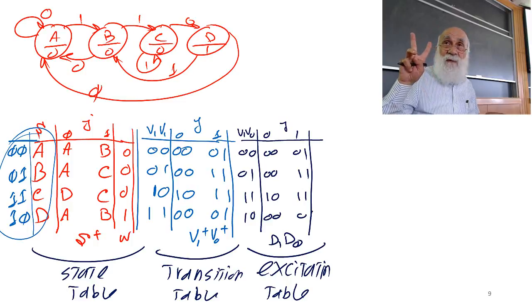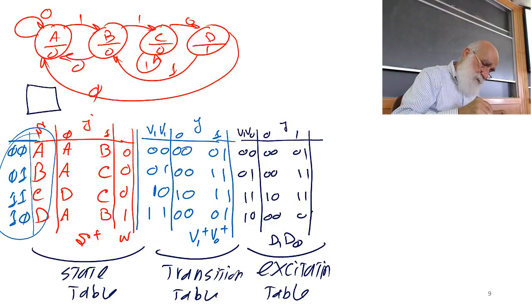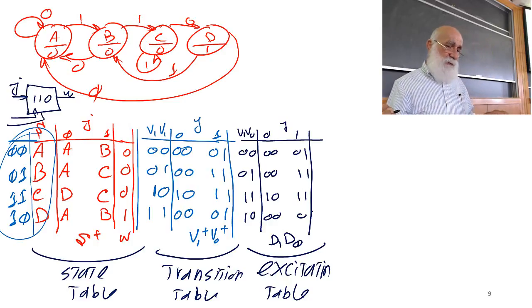This is my circuit. J is the input, W is the output, plus clock and reset. We don't worry about that. This is a 110 detector. And I have two Karnaugh maps for D1 and D0.